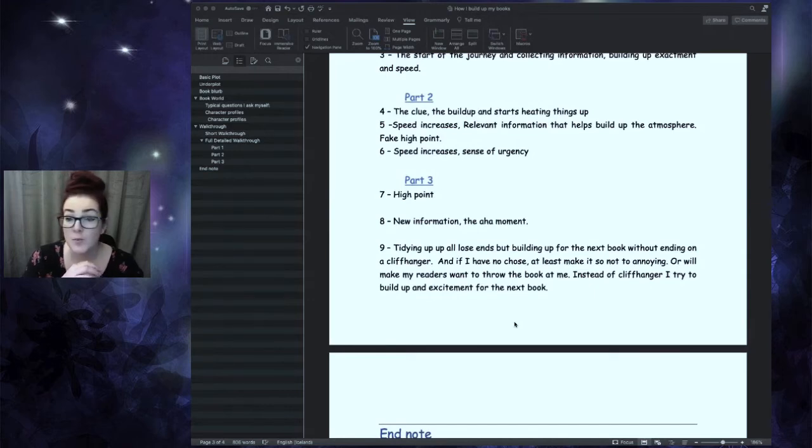I learned a lot from my first book. The tips I learned from it, the comments I got, and also just reading more books over the years: tie up enough loose ends to satisfy your reader, and also myself, but still leave a little bit for the next book, or leave questions that the reader doesn't know yet that they want to ask.